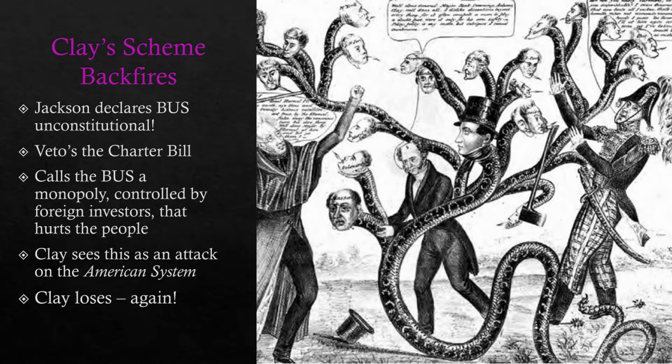One of the things that Jackson also says is that foreign investors lead to foreign influence in our democracy. A president afraid of foreign influence in our democracy. That's interesting. The people sided with Jackson, and Henry Clay is destroyed in the election of 1832.